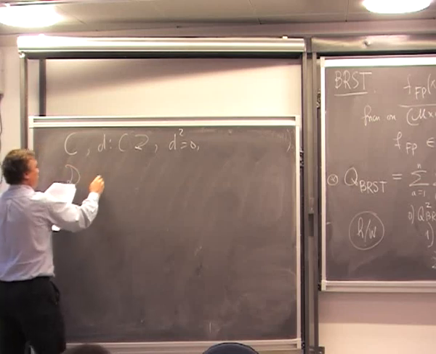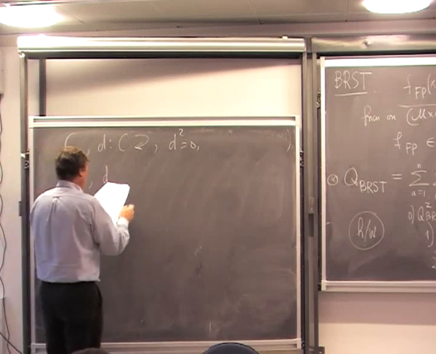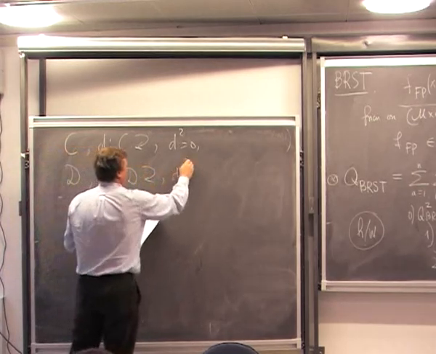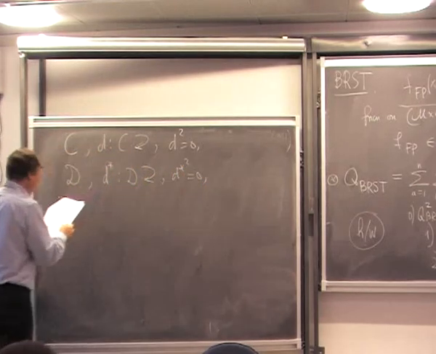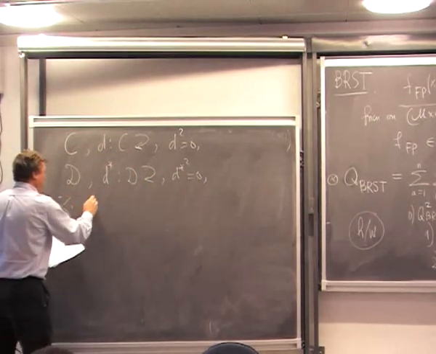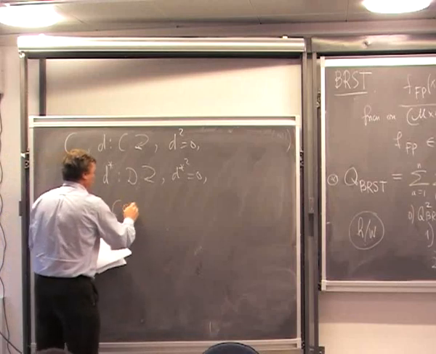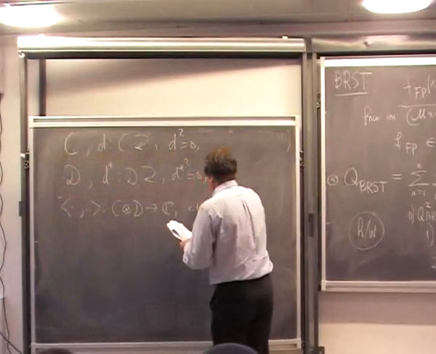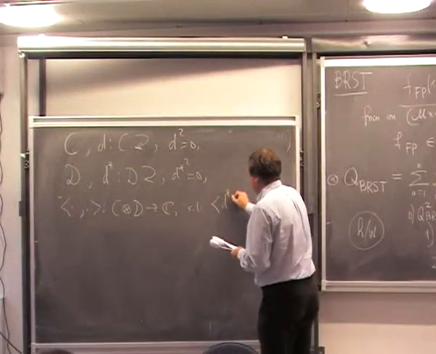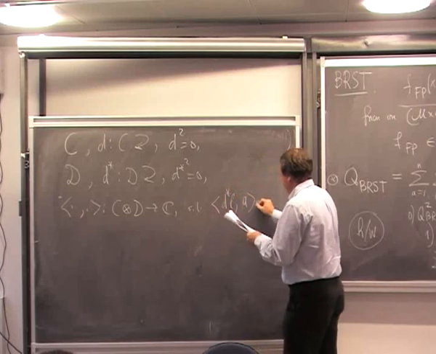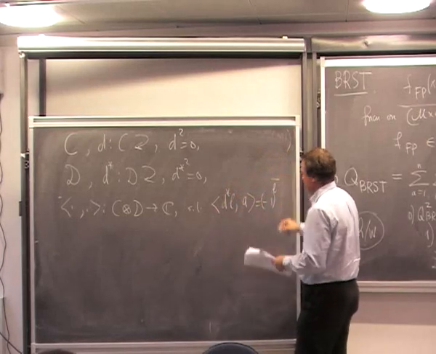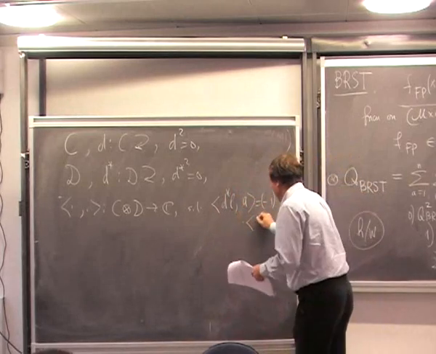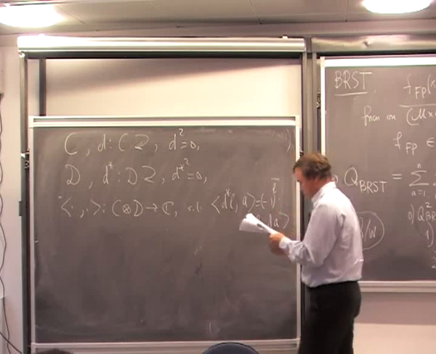Suppose we have another vector space D and a differential on this vector space. Suppose we have a non-degenerate pairing between them such that d star of L paired with A is equal to minus 1 to the L bar, assuming that L is homogeneous, L paired with dA.